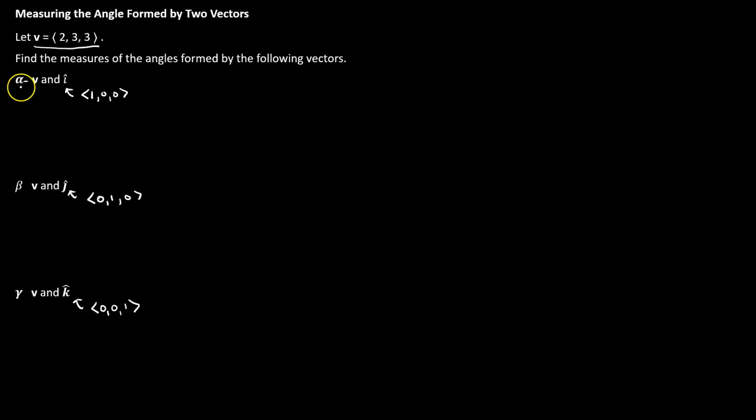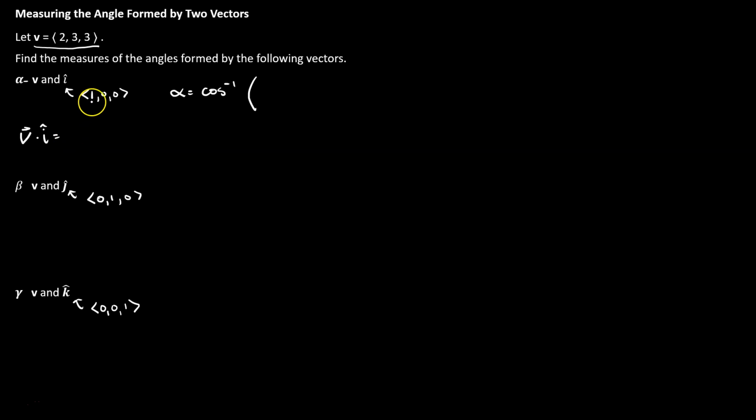So for the first angle, alpha is going to be the angle between v and the unit vector i. So alpha would be cosine inverse of the dot product between v and i. Now, if I look at the vector v and I look at the vector i, when I go to compute the dot product, I'm going to multiply a bunch of zeros.